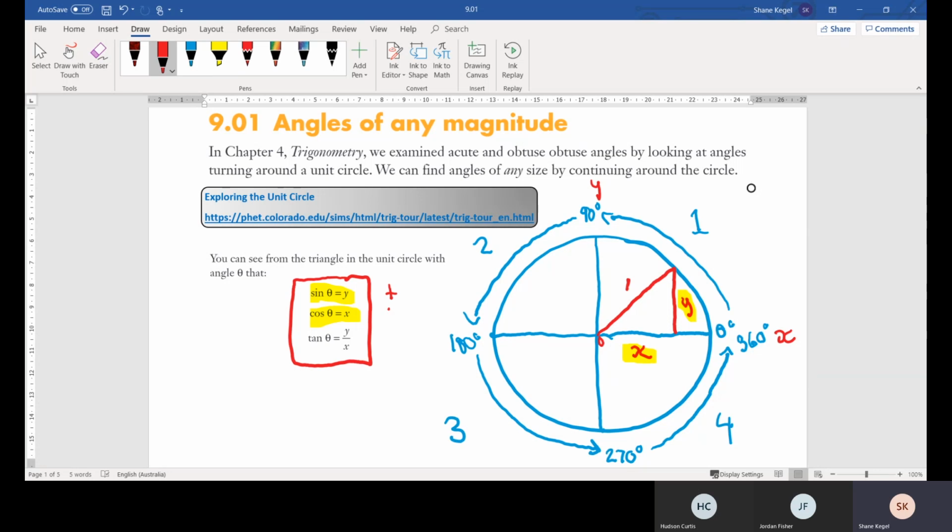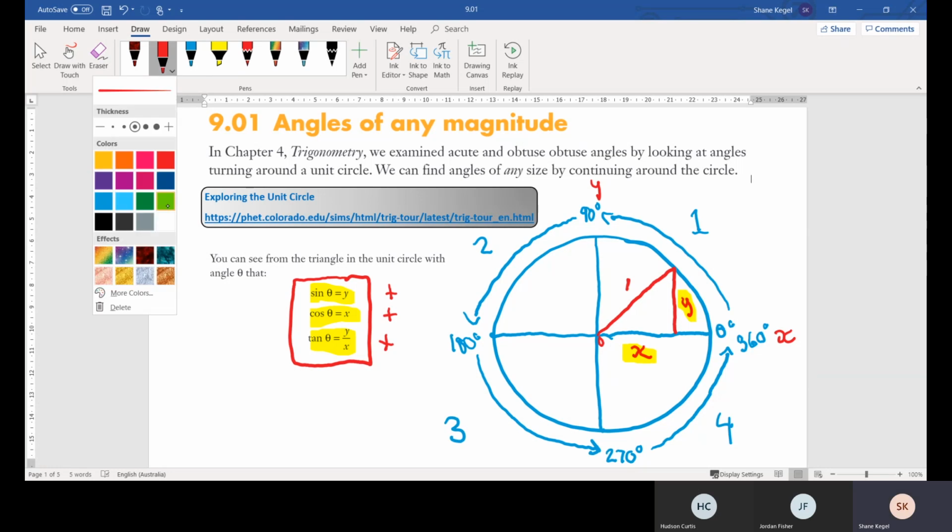So sine is positive and cos is positive in the first. And tan being y over x, y and x are both positive, therefore we're going to get a positive result. So in the first quadrant, all 3 ratios, sine, cos, and tan, are all positive. So we use the acronym A for all.